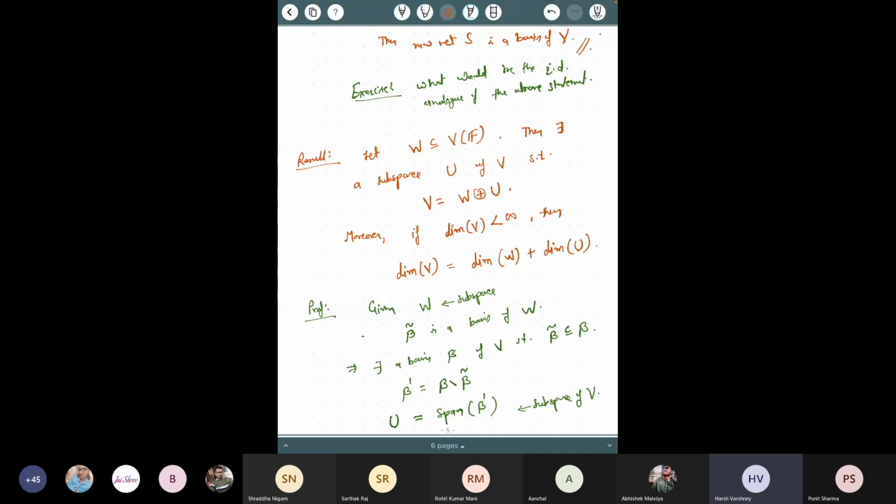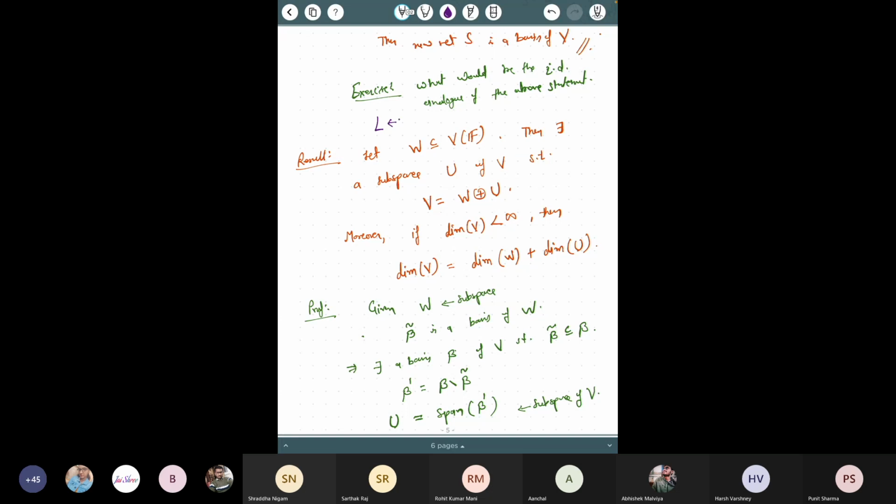Consider L a linearly independent set and S equal to V. Yes. Then you just use that Zorn's lemma. So what he's saying, that every linearly independent set can be extended to a basis, means what?